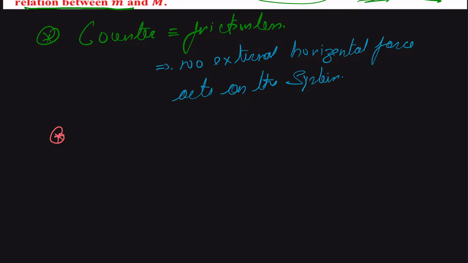Second point is that gravity is only vertical, so it means gravity also is not going to affect the horizontal motion. You can say that's quite counterintuitive, so we are not going to discuss that in detail.